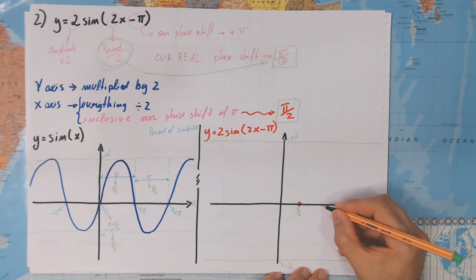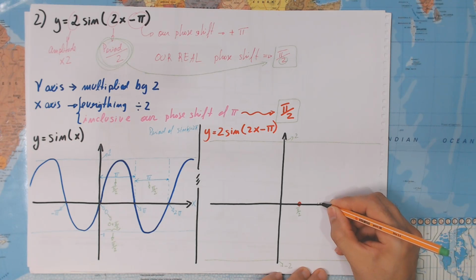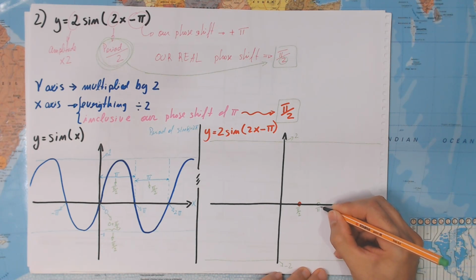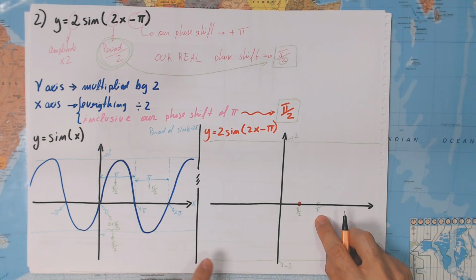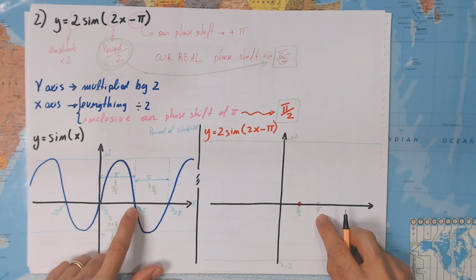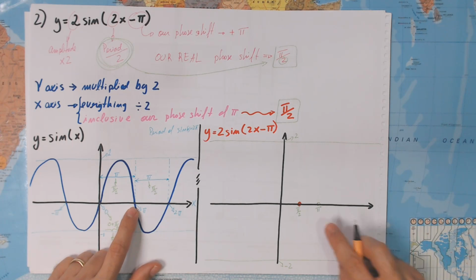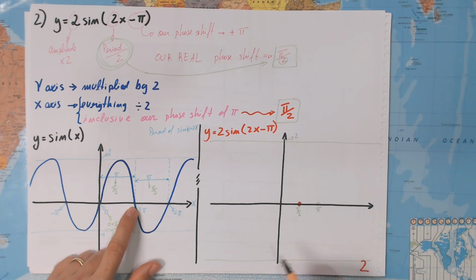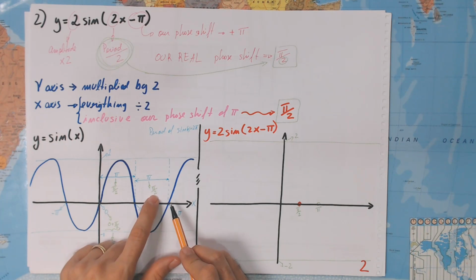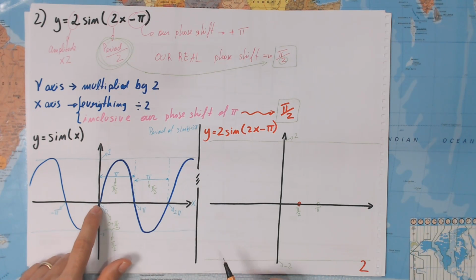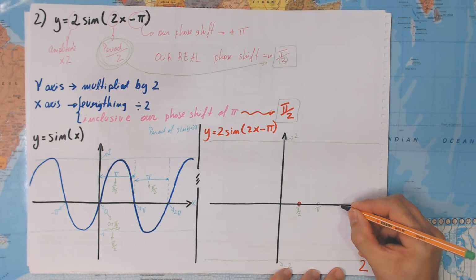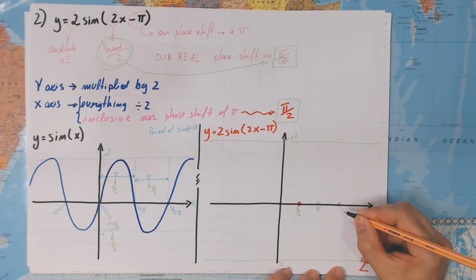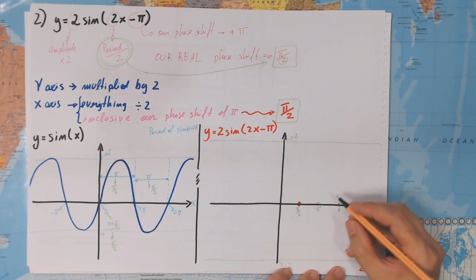So from pi over 2, the next one is just going to be pi. And this point is still going to be pi. Now, let's see the next root. Add another pi over 2. So every root is pi over 2, pi over 2. So it's going to be pi. The next root is going to be 3 pi over 2.